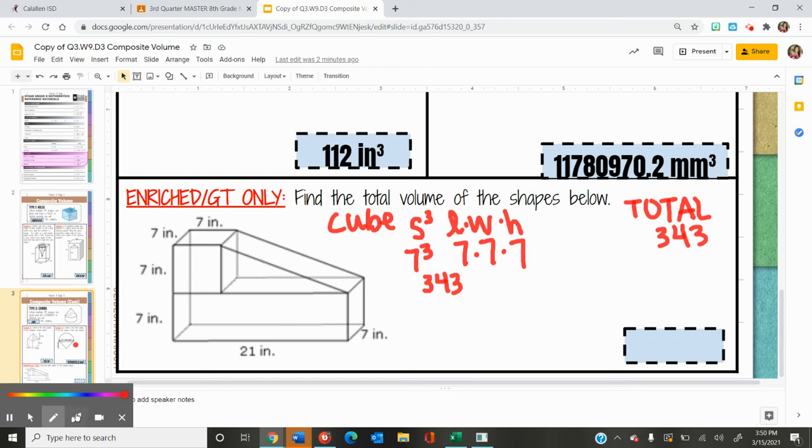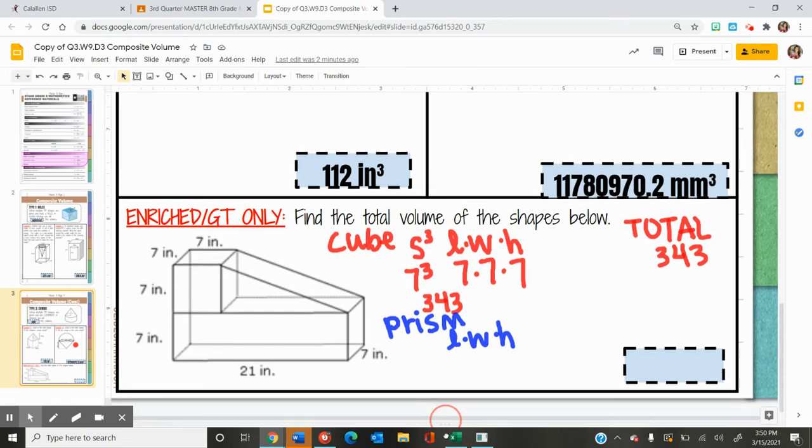Now I have my prism. Again, it's length times width times height. All I have to do is multiply all 3 sides of this rectangular prism. So I have 7 times 21 times 7. 21 and 7 are my length and width.